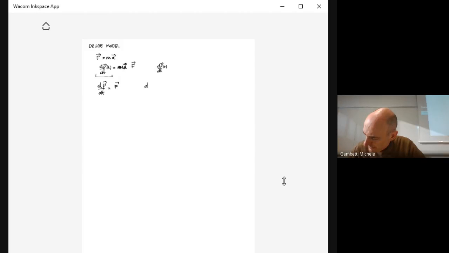So we have dp of t is equal to F. And in principle, F may be also a time-dependent force. So I write t here, but in principle, that should be the time dependence, position dependence, whatever, times dt.